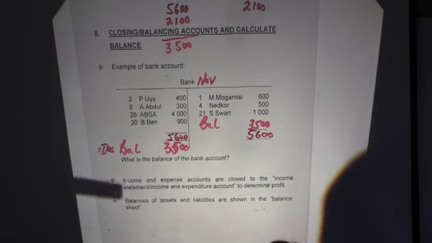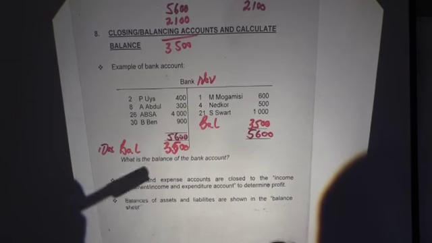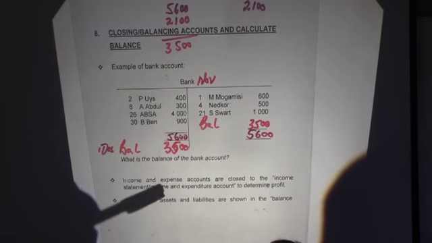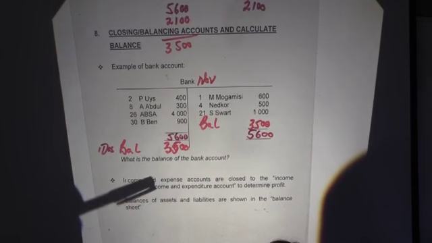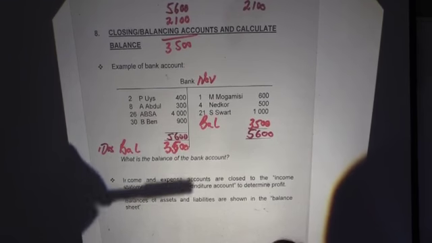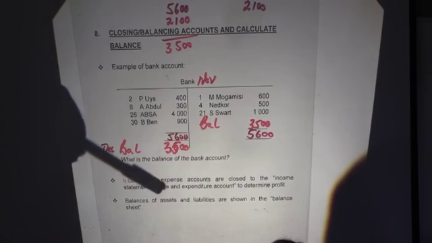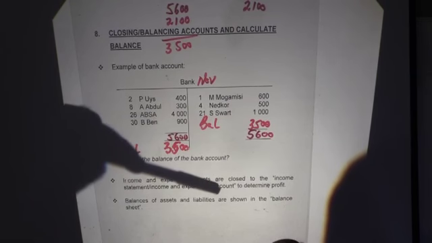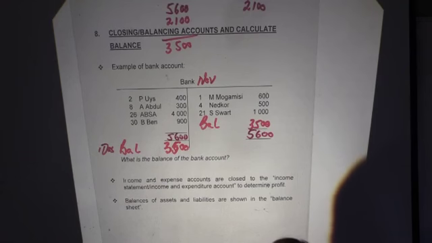if I might call it a cycle of accounting, all your income and expense accounts will be closed off to, and I'm using the older terminology, the income statement or the income and expenditure account, to determine the profit for the period. After a year or 6 months or a quarter, you will take all your income accounts and all your expense accounts and balance them off to determine whether your organization was profitable.